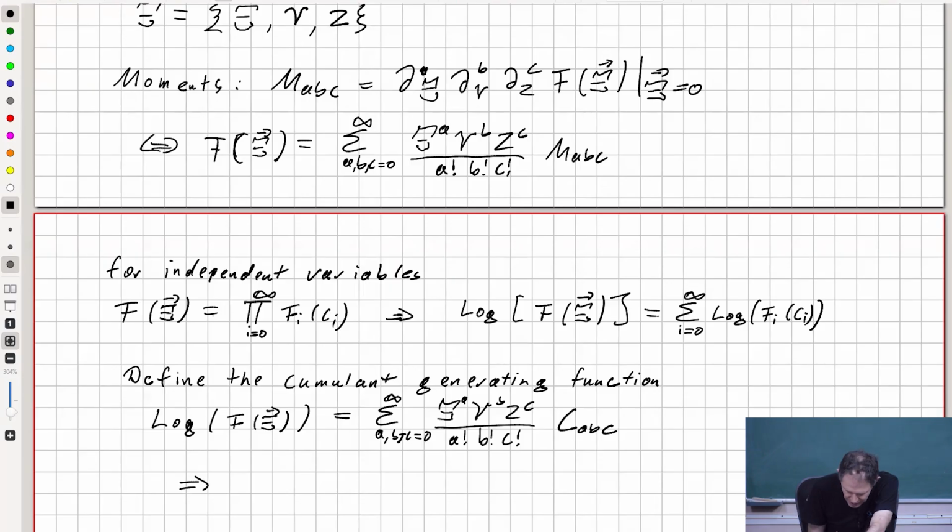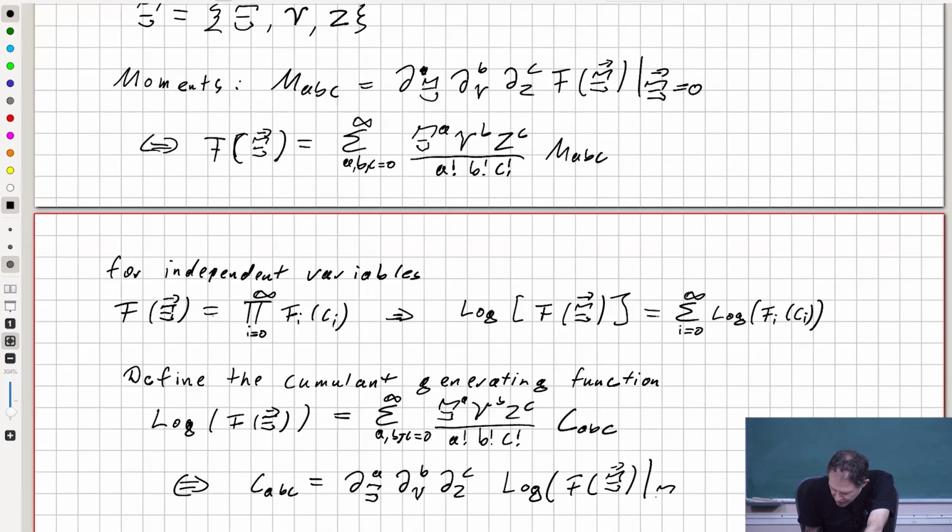And this c_abc can equally be written as the derivatives in xi, epsilon and zeta of the logarithm of the moment generating function evaluated at frequency 0. So now these are cumulants, and we have designed them in such a way that they are independent of each other.